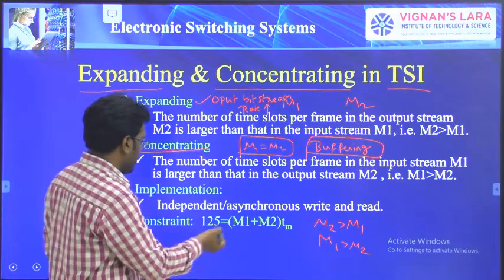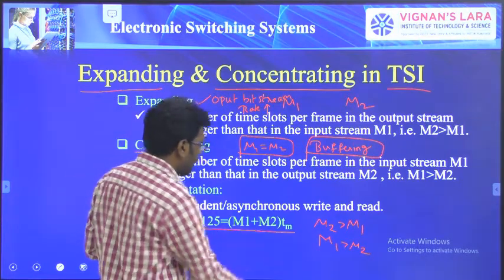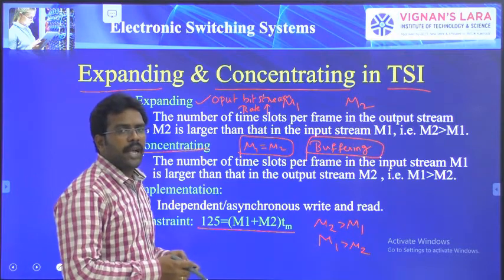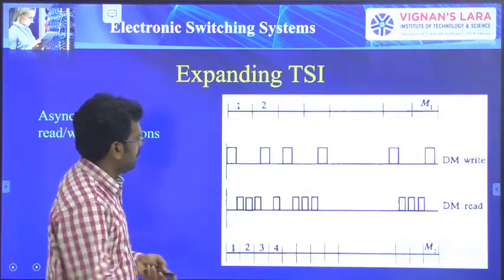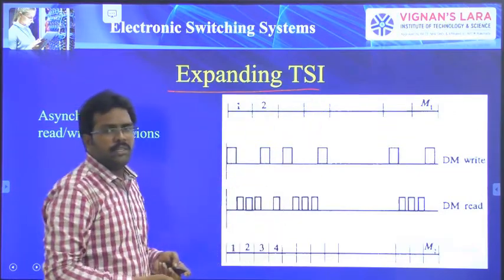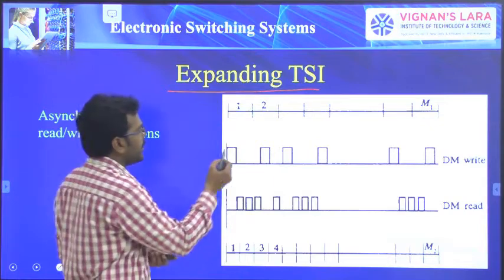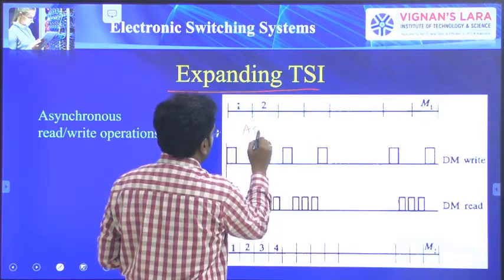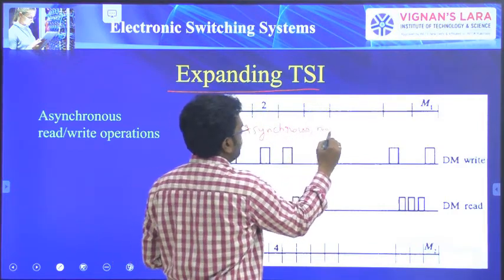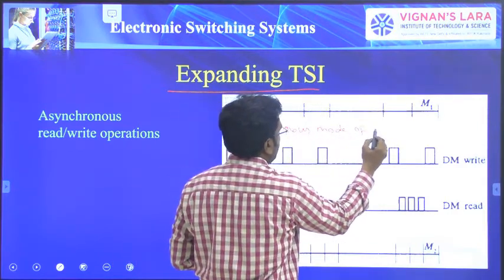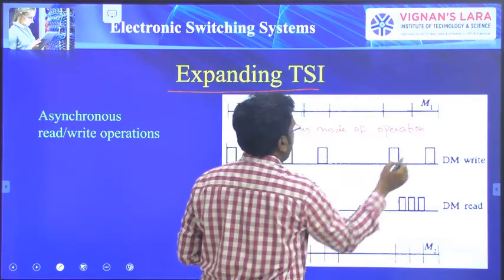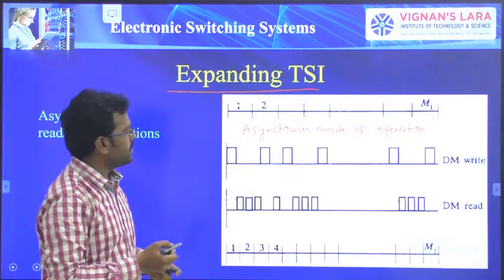It also has to maintain the constraint 120 is equal to M1 plus M2 times Tm. What is Tm? Tm is the memory access time. In the case of expanding or concentrating, generally we will operate in an asynchronous mode of operation.